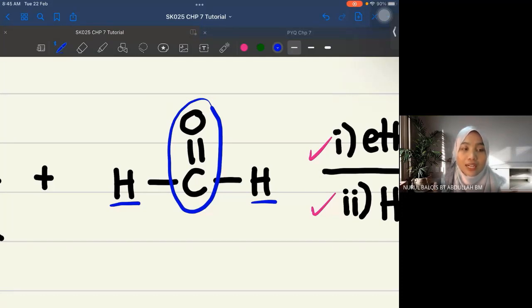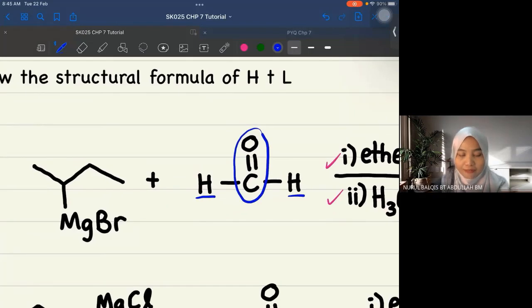But now what class of alcohol to be formed? Kita kena tengok class of alcohol, carbon bearing the OH nanti ada berapa banyak alkyl group attached to it. At the moment you have your aldehyde with 2 hydrogens. When you want to add this Grignard reagent, how many alkyl group do you think you are going to add? Berapa banyak alkyl group yang kita akan tambah bila kita masukkan this Grignard reagent?